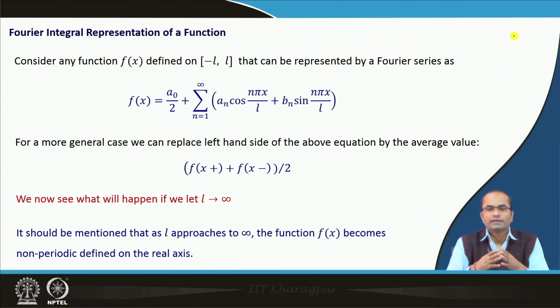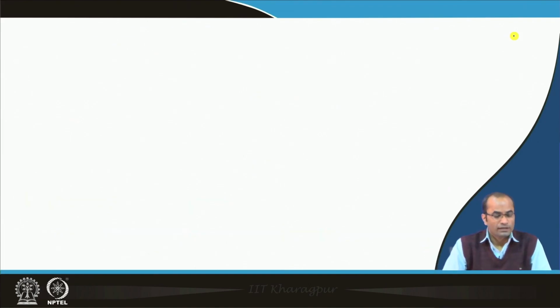If L is finite and the function is given in minus L to L, then the Fourier series will converge to a periodic function, and in one period the function will be exactly the given function in the range minus L to L. But if we let L go to infinity, then naturally this is not going to be periodic anymore. Even that representation will not converge to something periodic, because initially we have taken the range of the function from minus infinity to plus infinity.